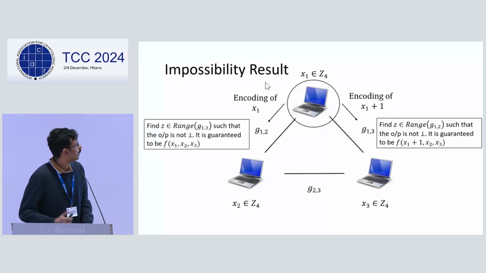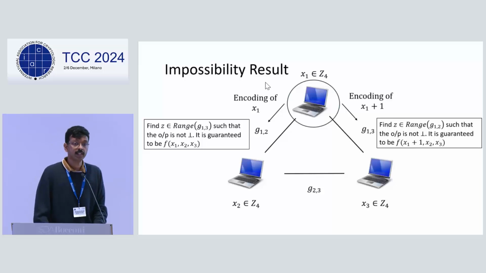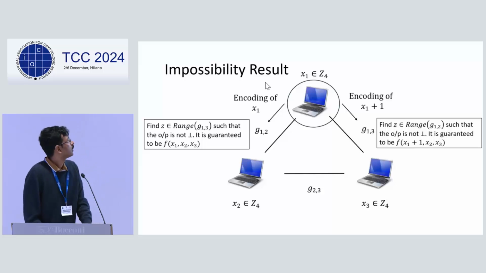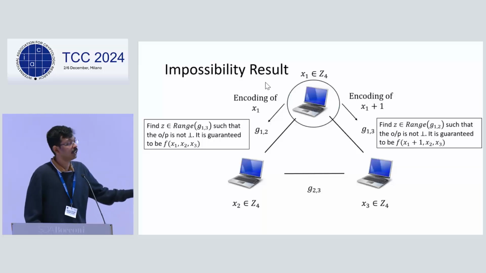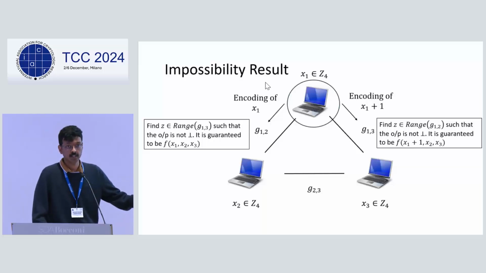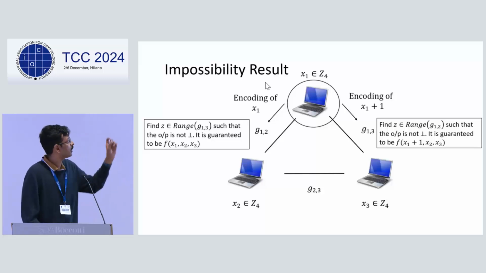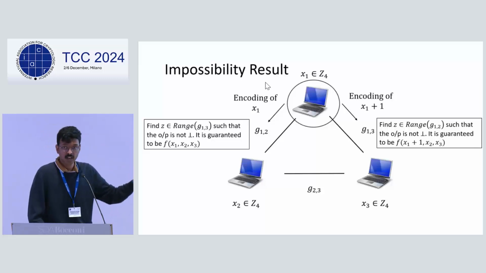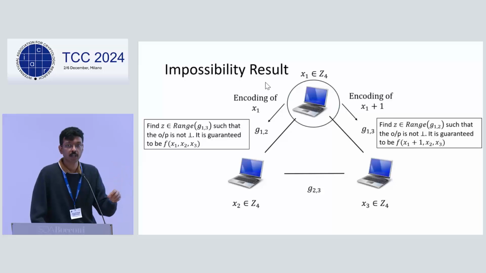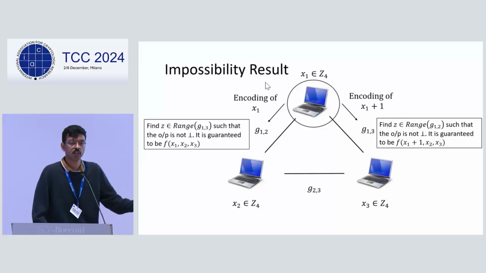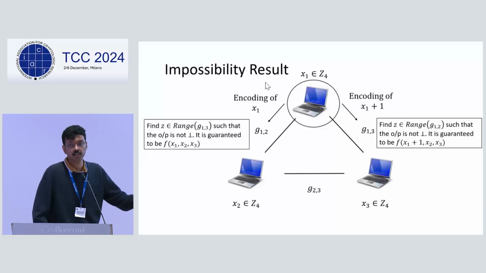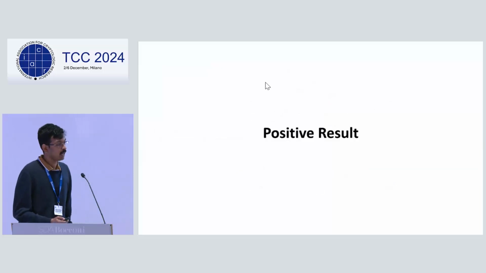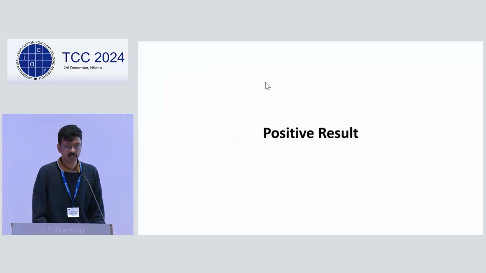And this adversary also finds a z in the range of G12 such that the output of the decoder is not bot, and this is again guaranteed to be f of x1, x2, x3. So this adversary can learn the output of the function on fixed x2, x3, but on two different inputs of its choice. Basically, this contradicts the security of the protocol. So this is the high-level idea behind the negative result.